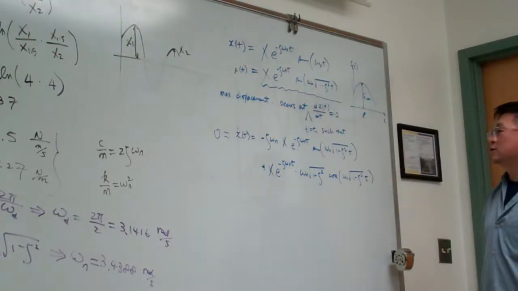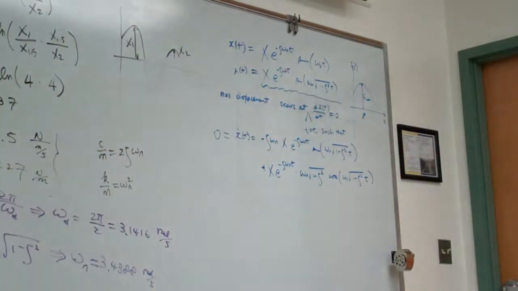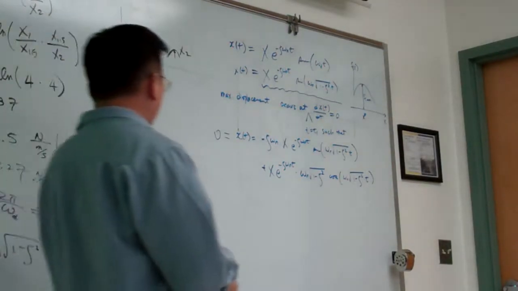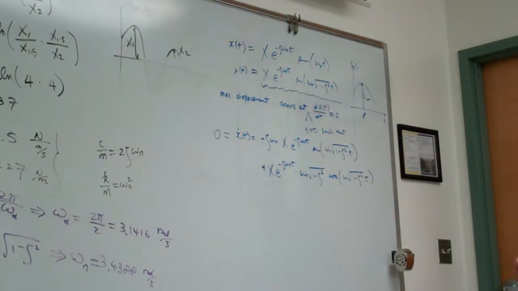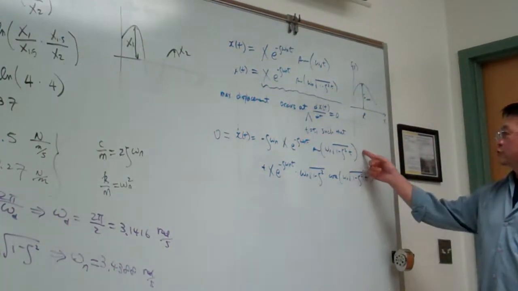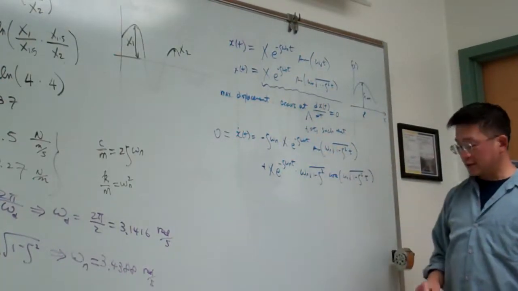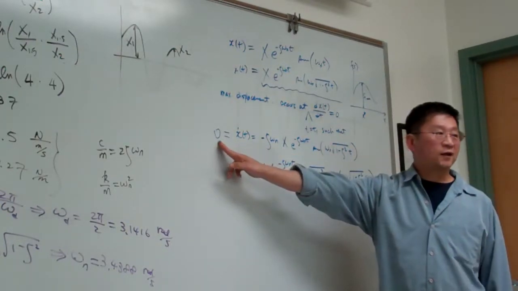Okay. So from here we can cancel some terms here. So basically what I want to do is move this term to the left hand side of the equal sign.